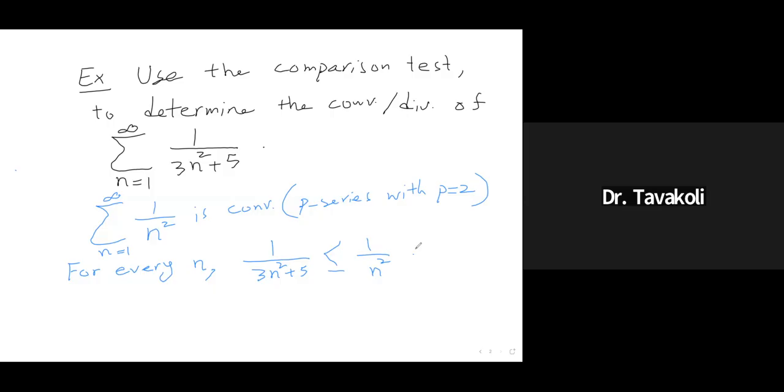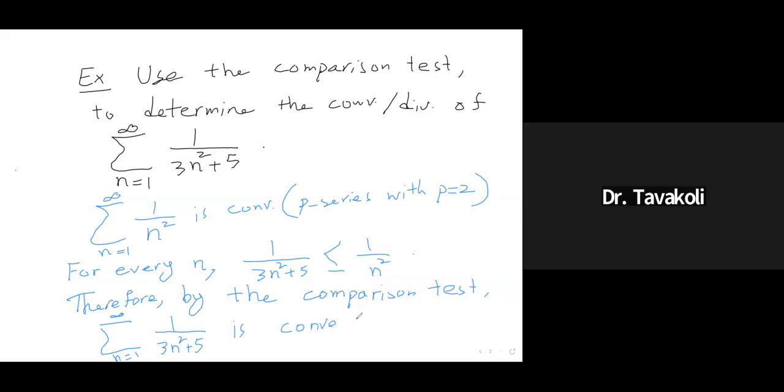Therefore, by the comparison test, sigma of 1 over 3n squared plus 5, n runs from 1 to infinity, is convergent too.